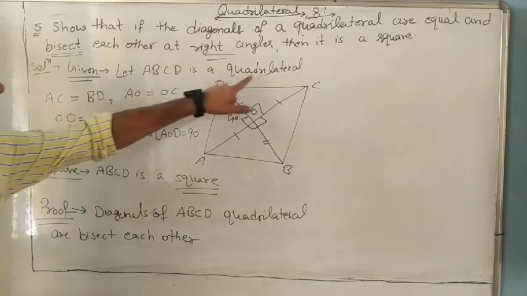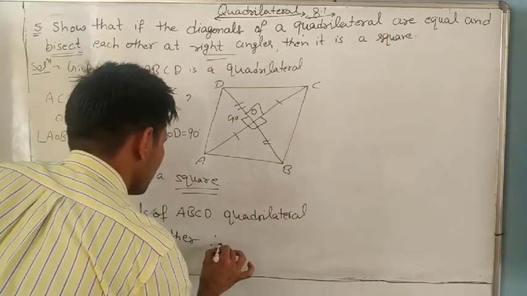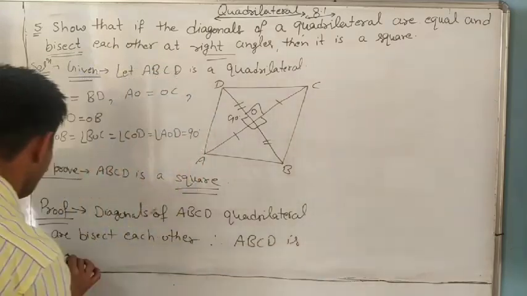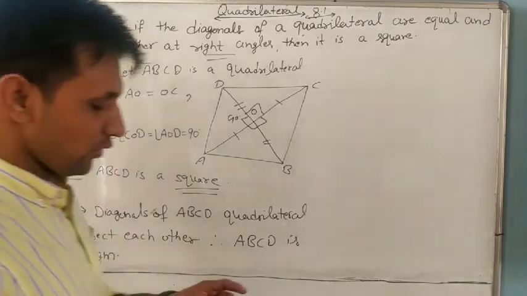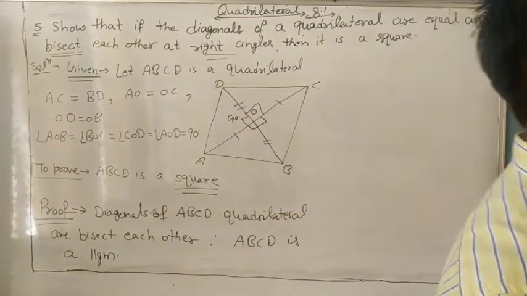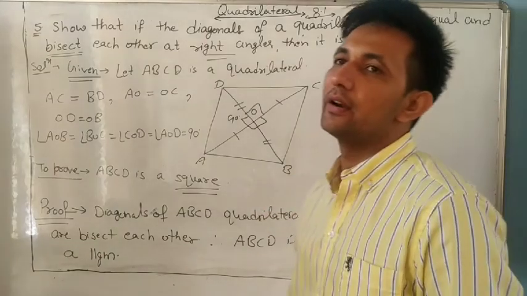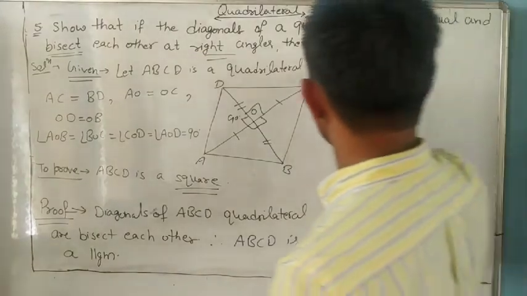Yes, it is given in the question. The diagonals bisect each other. So therefore ABCD is a parallelogram, because we know the property of a quadrilateral: if in any quadrilateral the diagonals bisect each other, then it is always a parallelogram. Okay, next.